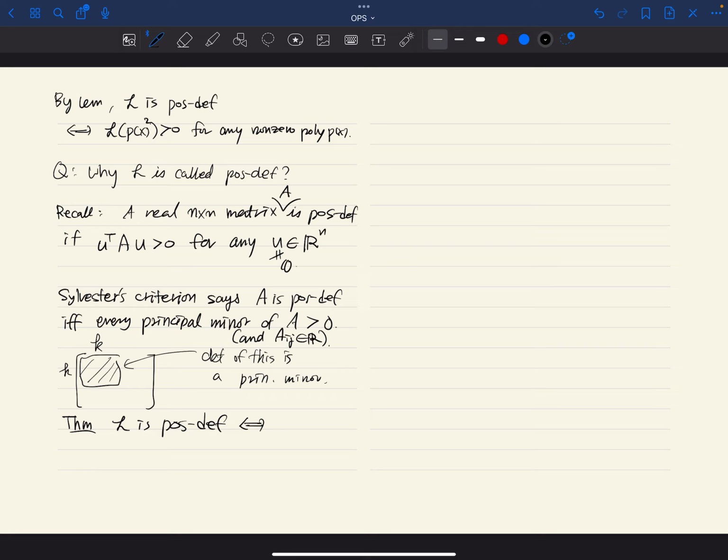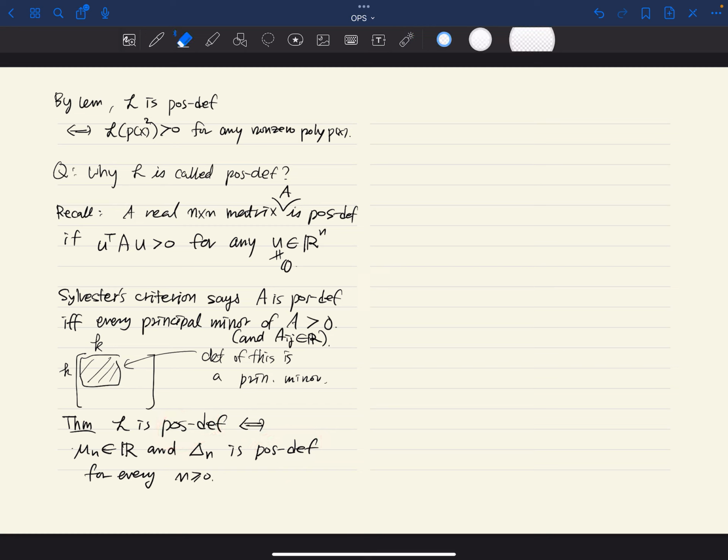So in this theorem, L is positive definite if and only if every moment mu n is real, and this is positive definite. So positive definite also appears here as a matrix.